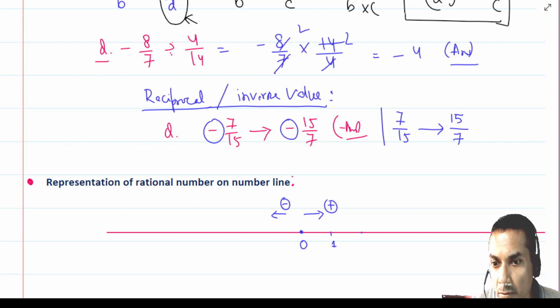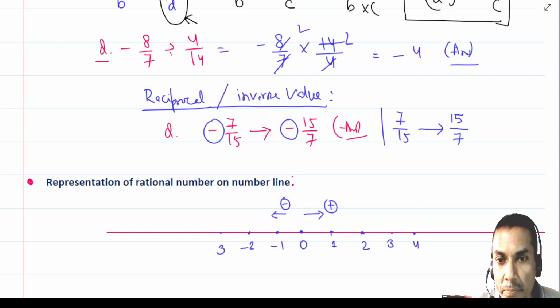So you can write down the whole numbers or integers as 1, 2, 3, 4 at equal intervals. Similarly the negative integers you can also write: -1, -2, -3, like that.